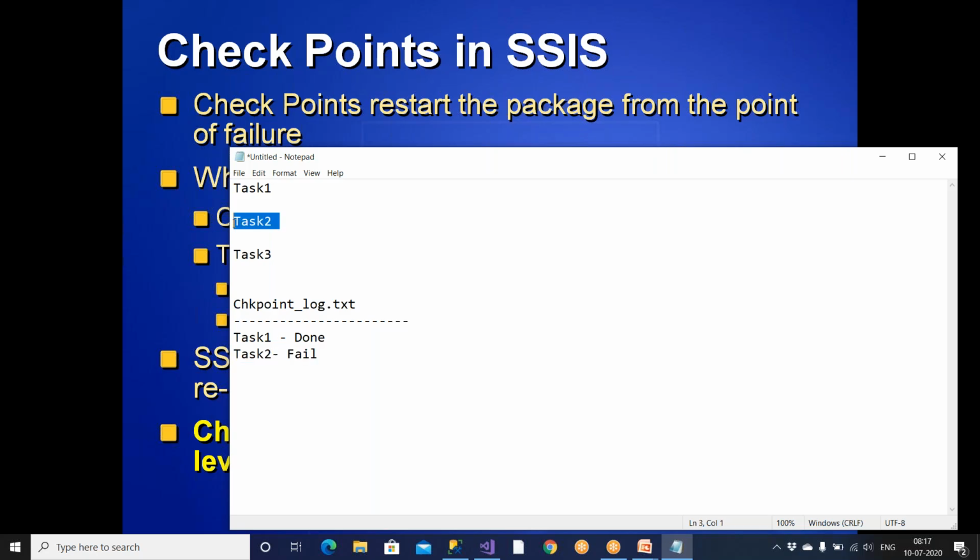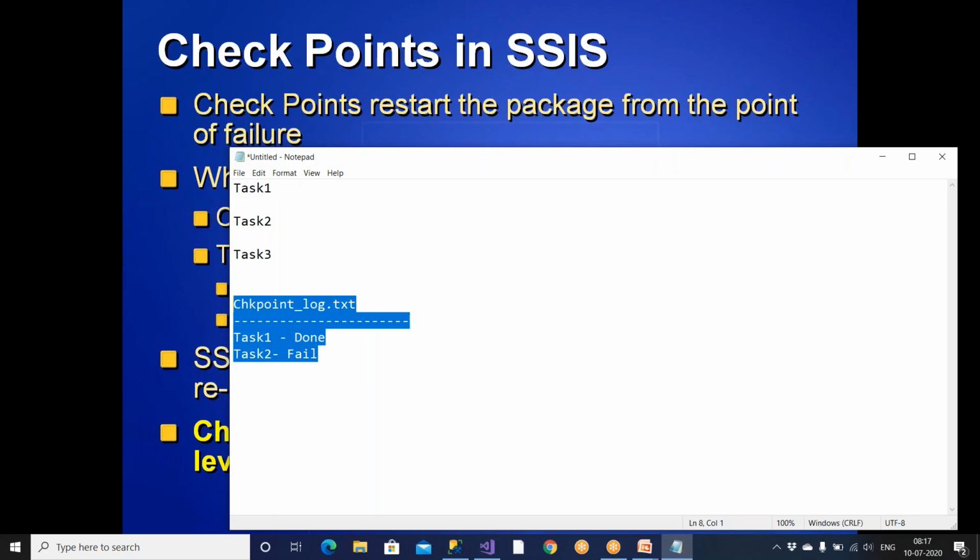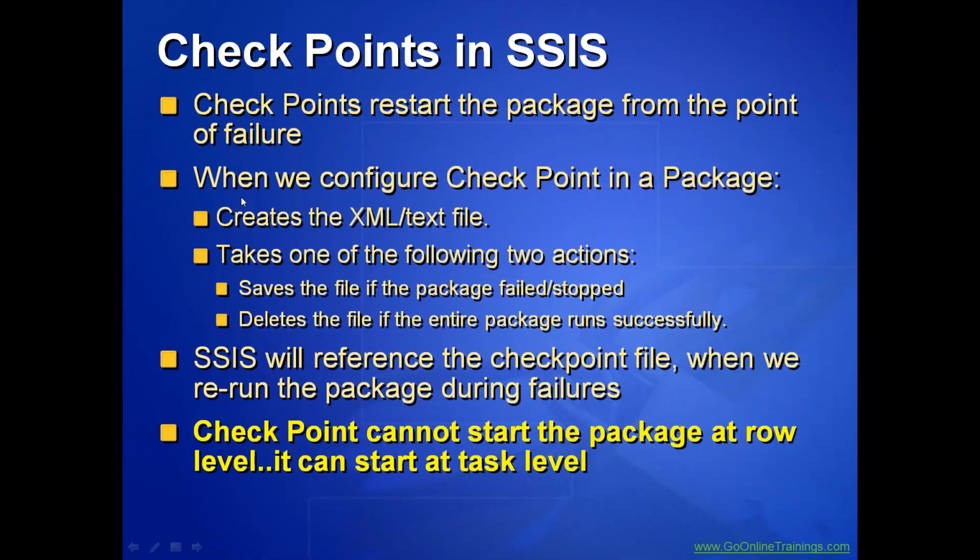It is going to start the package from task number 2, but not task number 1. So how does SSIS know that? SSIS knows which activity has executed using the checkpoint log file. So that's it. This is very interesting and simple.